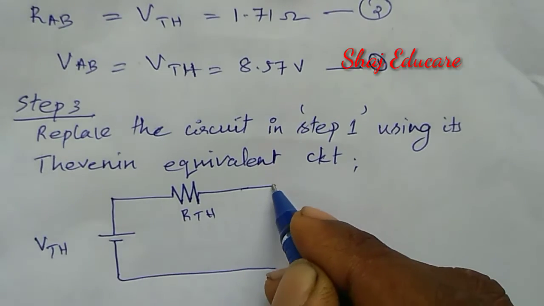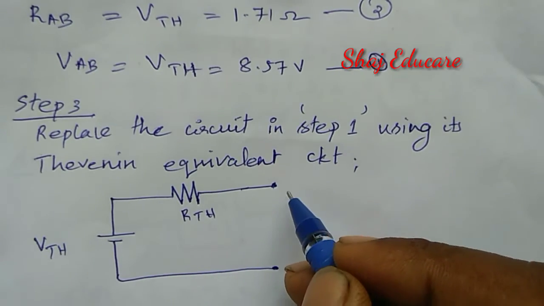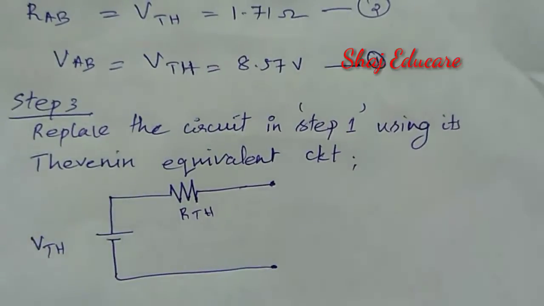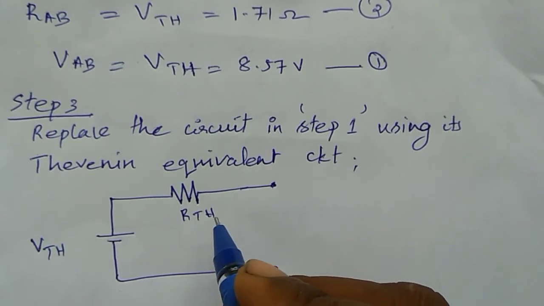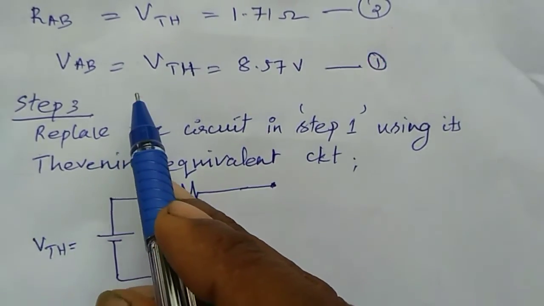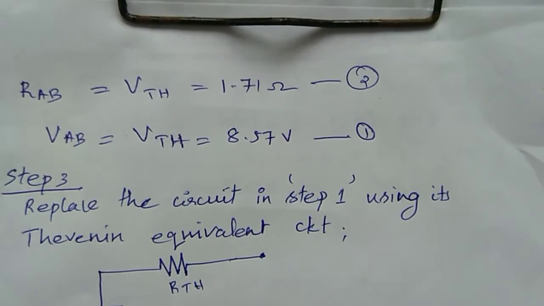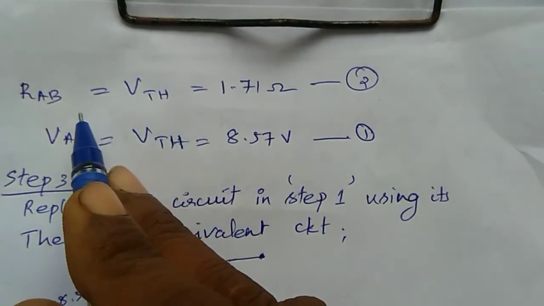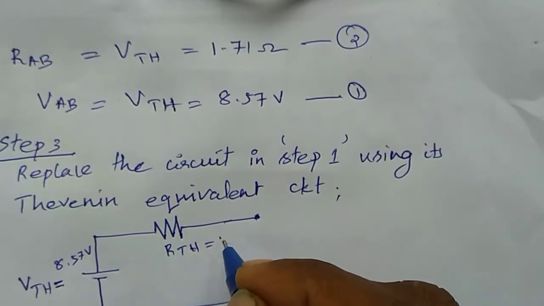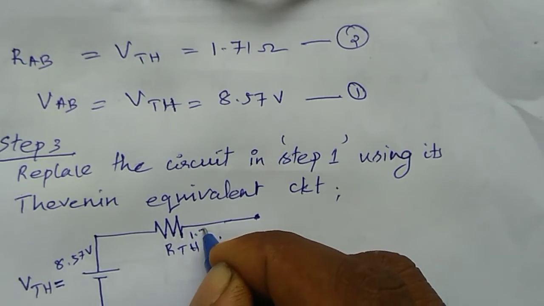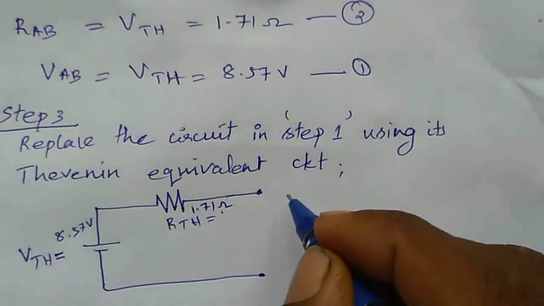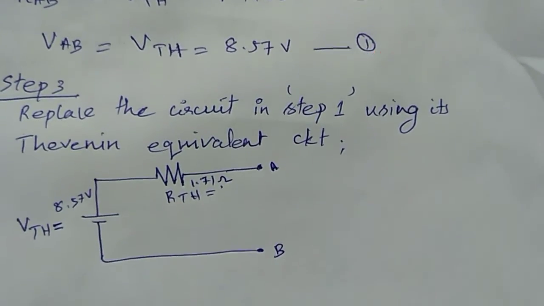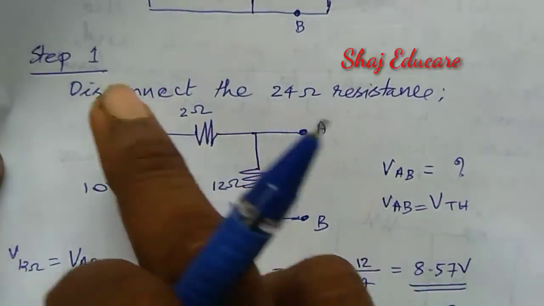The Thevenin equivalent circuit across AB will look like this: VTH followed by a series resistance. The magnitude of VTH we obtained is VAB, equal to 8.57 volt, and RTH we obtained is 1.71 ohm.